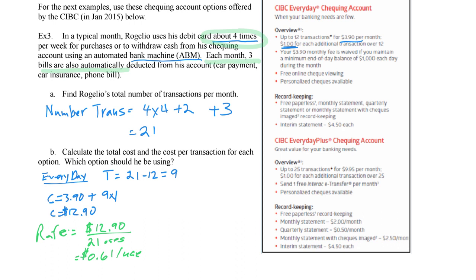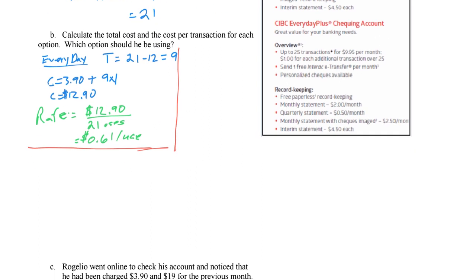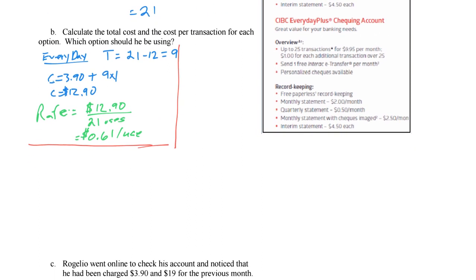So the next thing we want to do is, instead of the everyday checking account, take a look at the plus checking account. With the everyday plus checking account, you have a total number of transactions of 25.